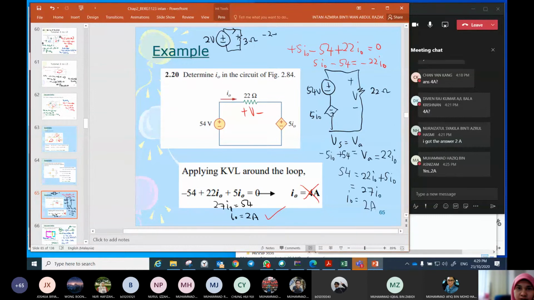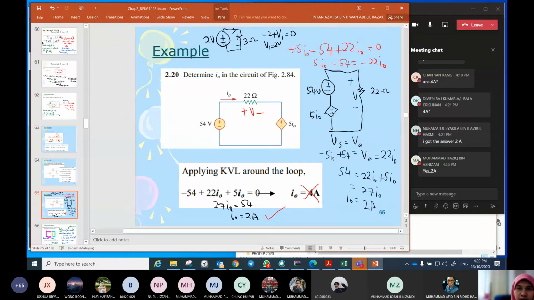Minus 2 plus V1 is equal to 0. So V1 is equal to 2 volts, right? This is V1. V1 is equal to 2 volt.